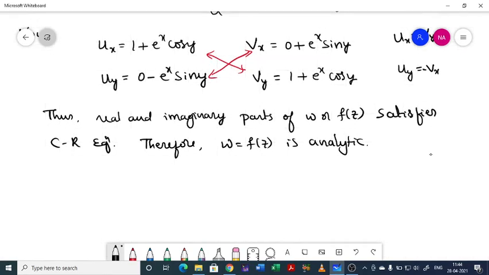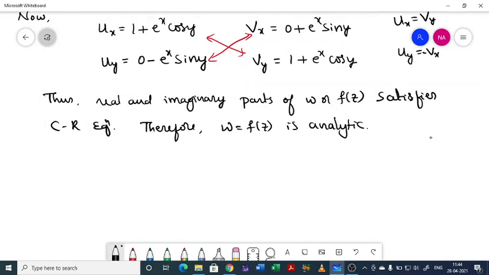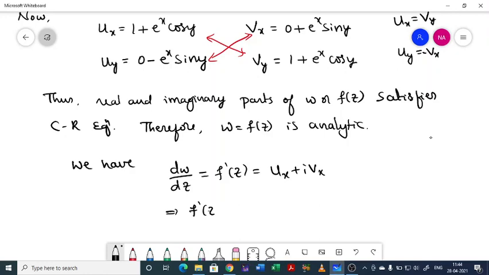Now we have the formula for the derivative of an analytic function, right? The derivative of w, dw by dz, that is actually f dash of z equal to ux plus i vx. So f dash of z equal to ux, that is 1 plus e power x cos y, plus i into vx, that is e power x sin y.